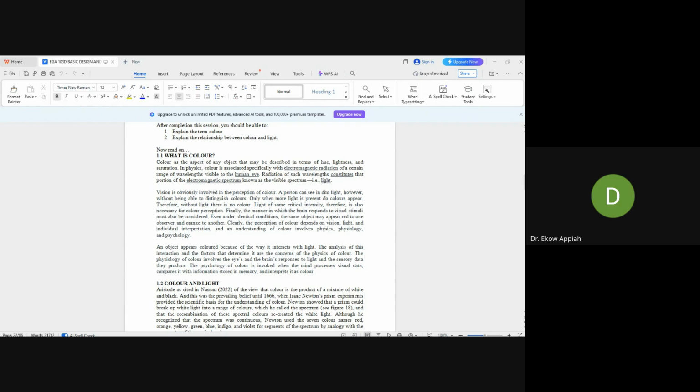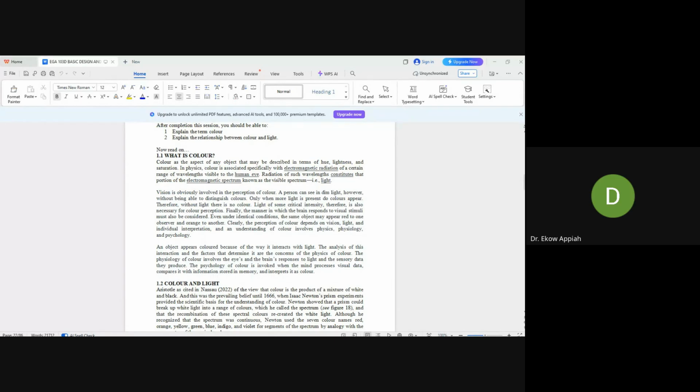It's almost the same as what Asana said to us, which means that we can conclude that color is light, in the sense that anytime there's light, there's reflection on the object, we should be able to see the color of an object. Is that not so? Yes, sir. And so we can conclude that color is light, which means that without light, there wouldn't be any sign of color.